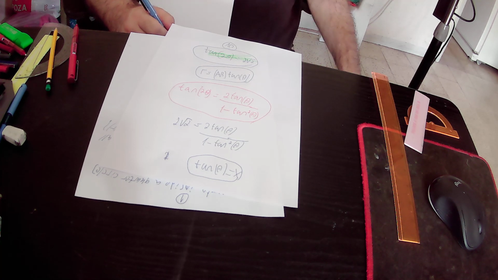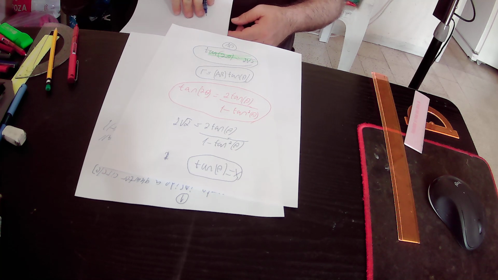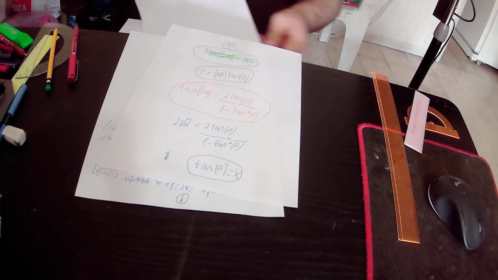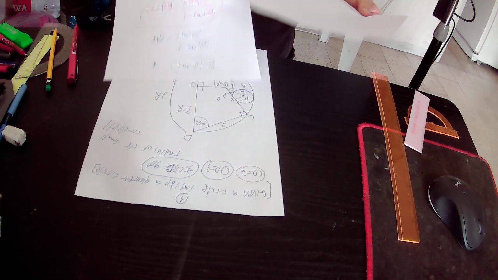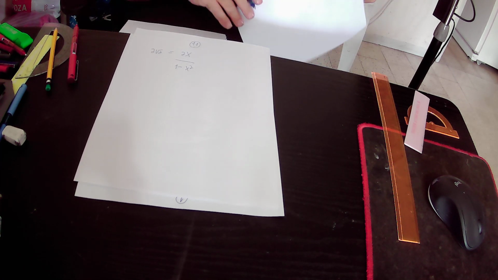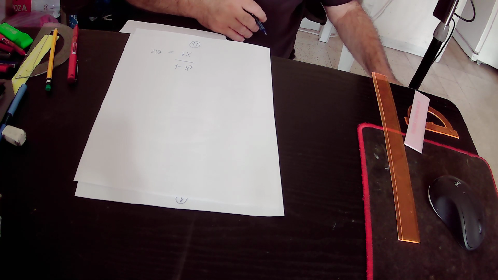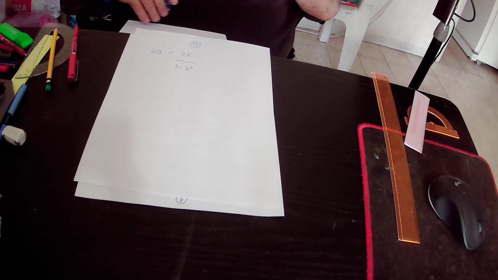Tangent theta is x, so 2 tangent theta is 2x over 1 minus tangent square theta, which is actually x squared. So we got that 2 times root 2 equals 2x over 1 minus x squared.